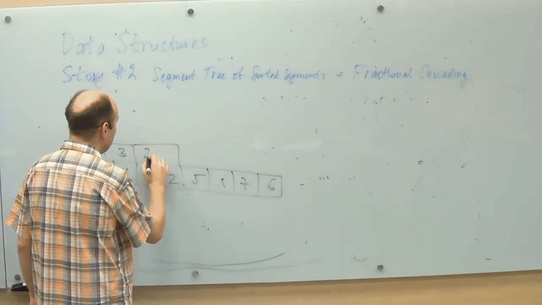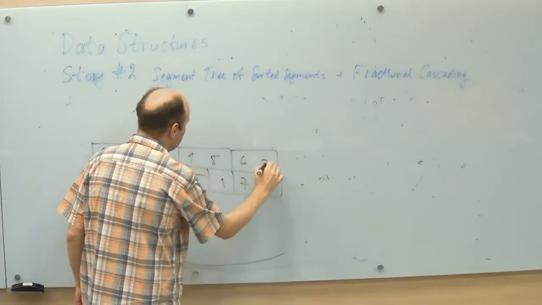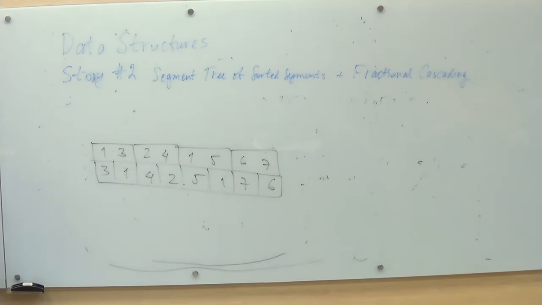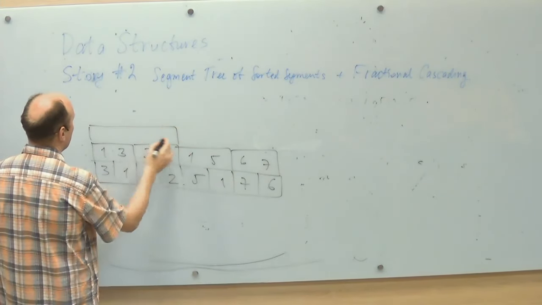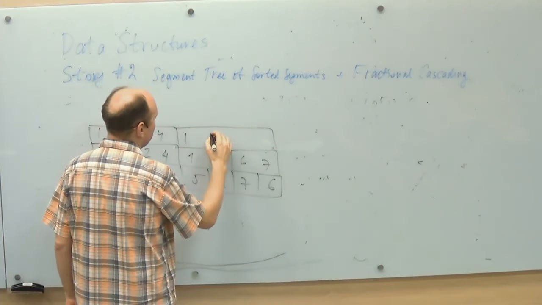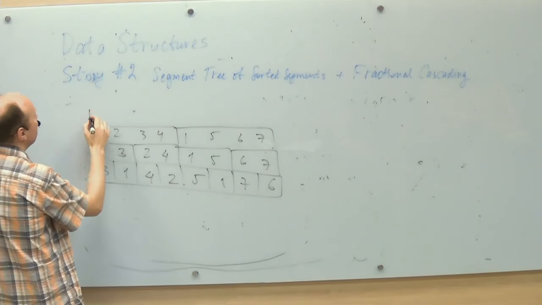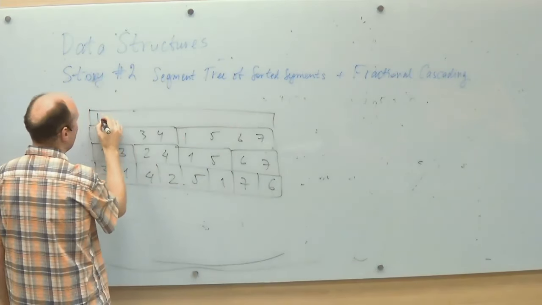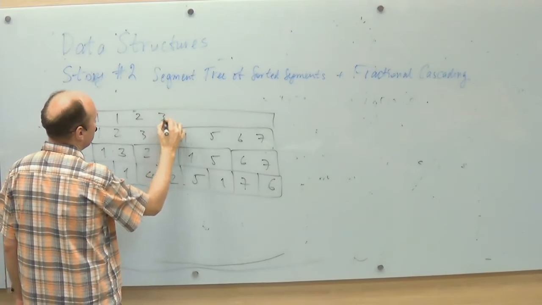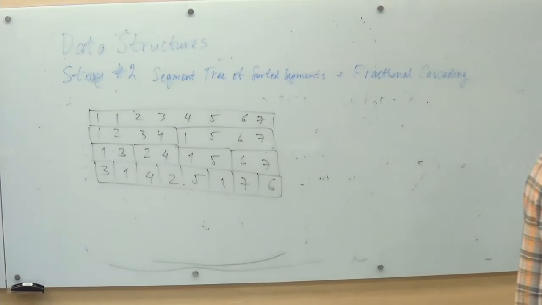So that would be 1, 3, that would be 2, 4, for example, 1, 5, 6, 7. Then we go to the next level, and we have 1, 2, 3, 4, and 1, 5, 6, 7, 6. And here we have 1, 1, 2, 3, 4, 5, 6.